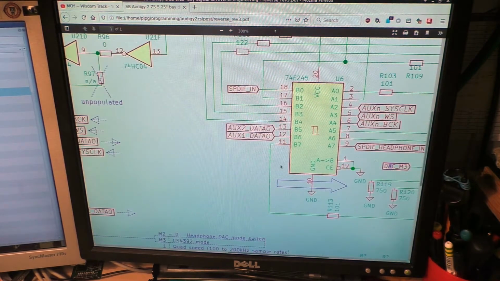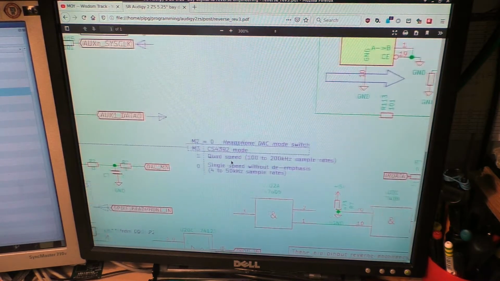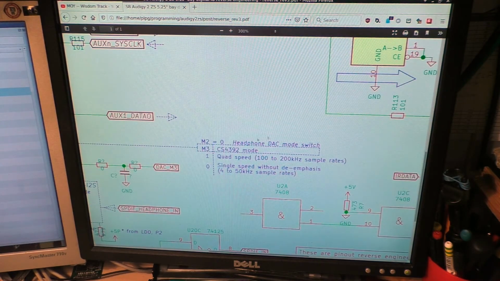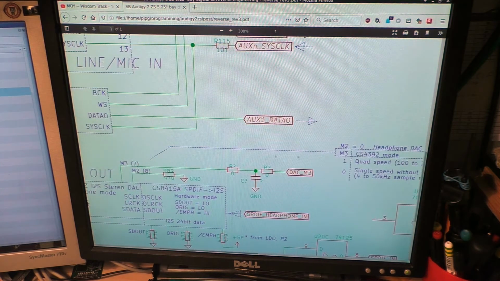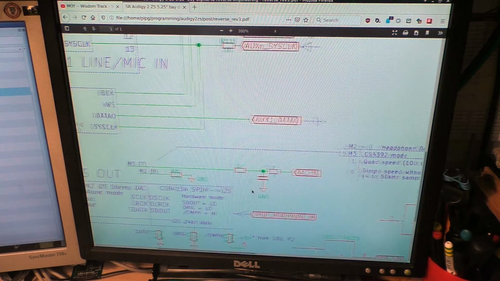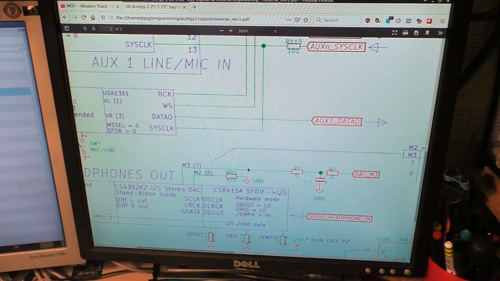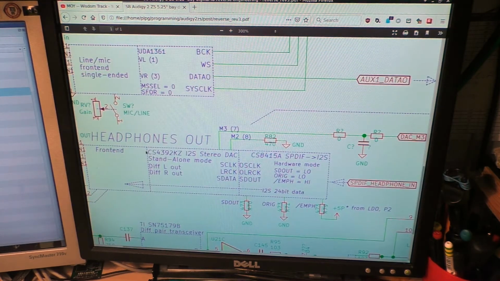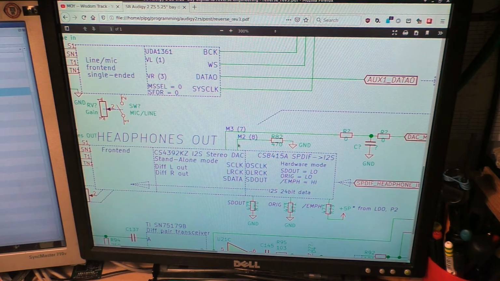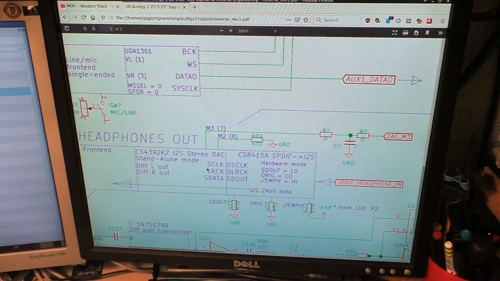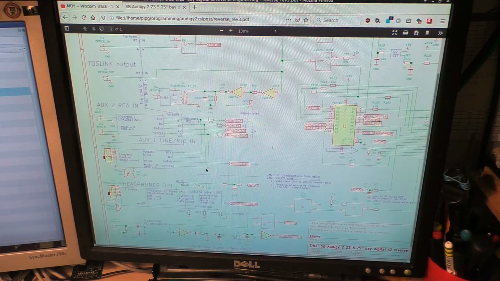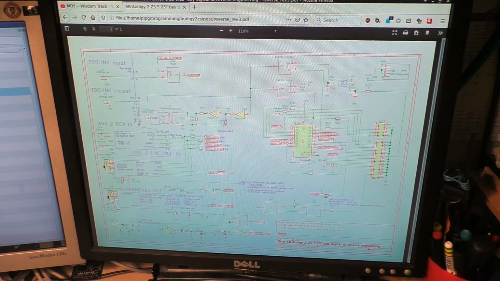What this signal does is switch the headphone DAC mode between quad speed and single speed. So this is an interesting tidbit if you are trying to push the headphones DAC a bit more. But as you can see, there are loads of other things on this board, so let's take a quick tour through the schematic.